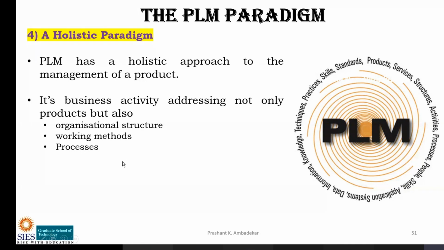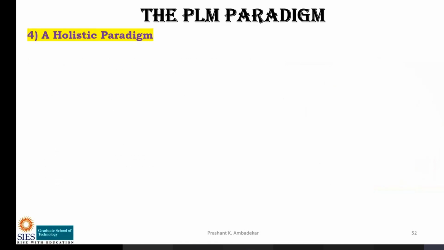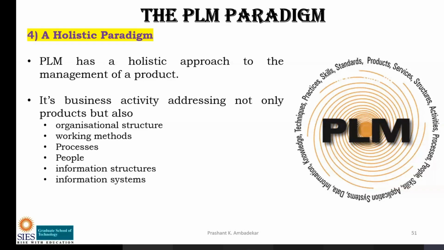What are the manufacturing processes adopted, can they be modified? This attention is given because of PLM. This is happening now after the paradigm shift. The people are also given importance, the information structure, the information system, all this is considered.